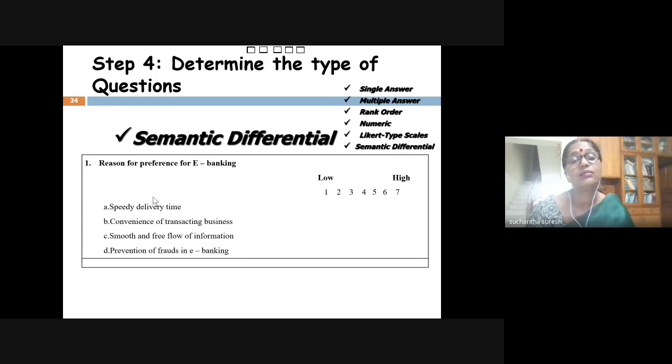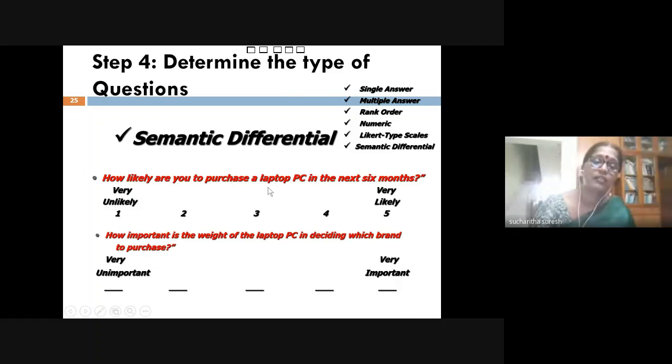What is your preference level for these reasons, like speedy delivery time, 1 to 7. This is called a semantic differential scale. Here there are some: how likely are you to purchase a laptop or PC in the next 6 months? How important is the weight of the laptop in deciding which brand to purchase?